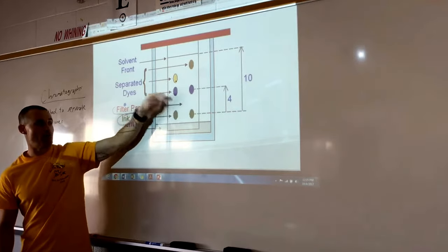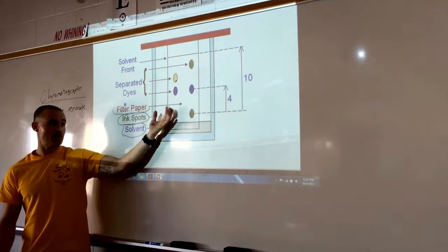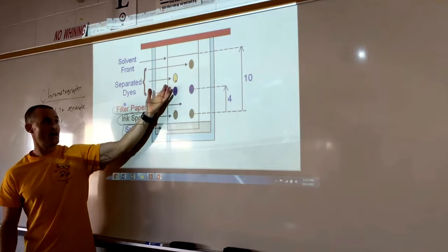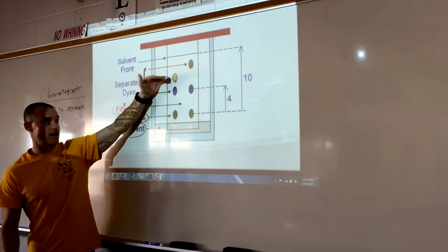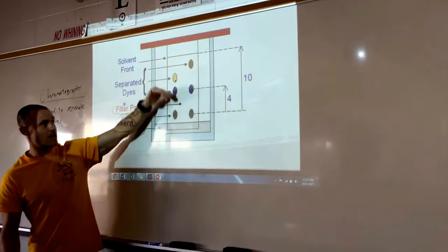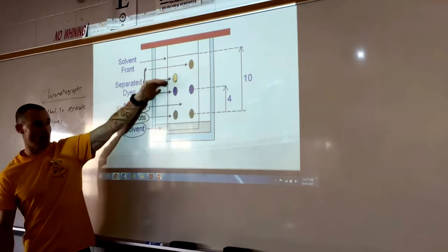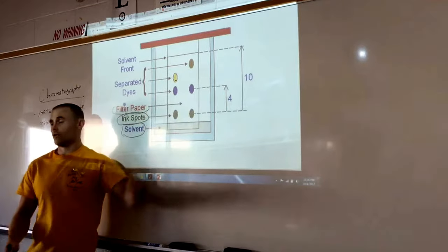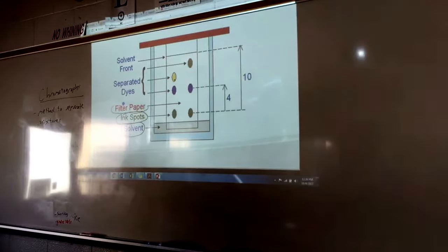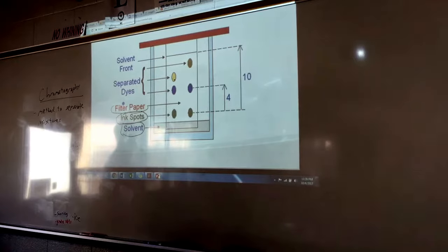The yellow one is more attracted to the water, so it stays with the water, hitches a ride a little bit further, then it finally comes out on the paper. So the higher the dot is, the more attracted to the solvent it is. The lower the dot, the more attracted to the paper it is. You do not need to know that, but I feel like I should explain everything you're looking at, okay?